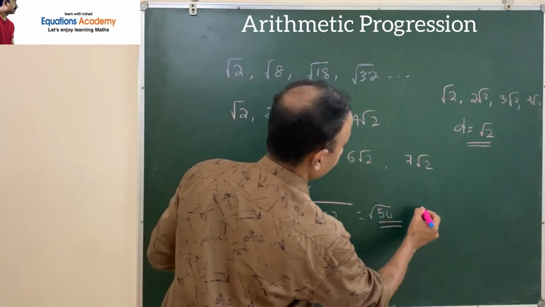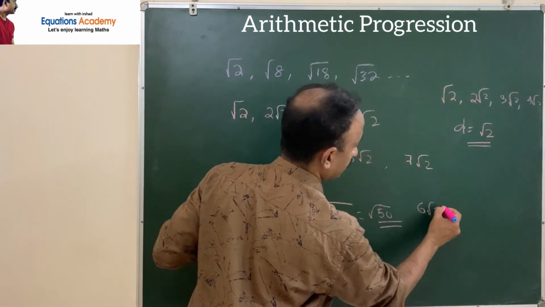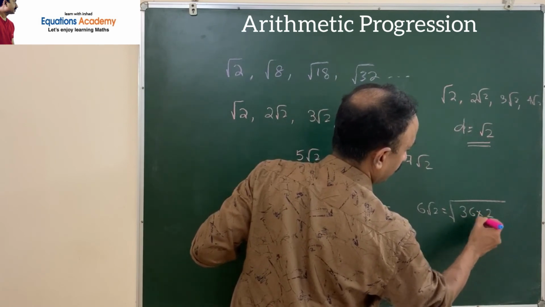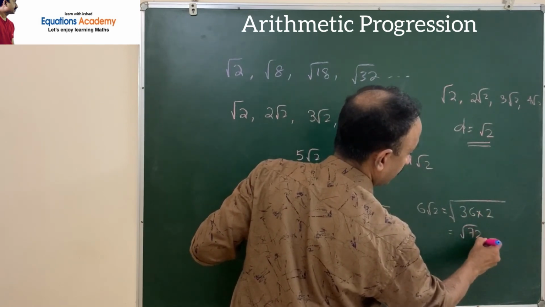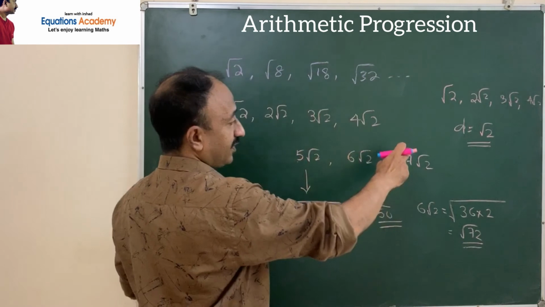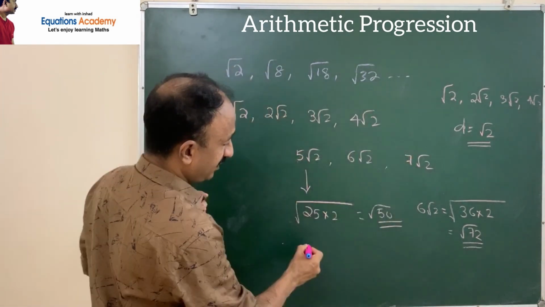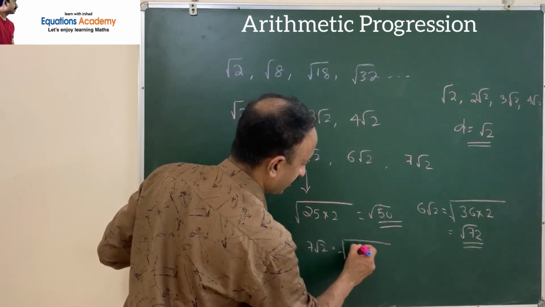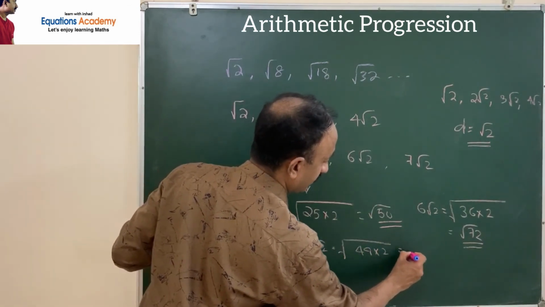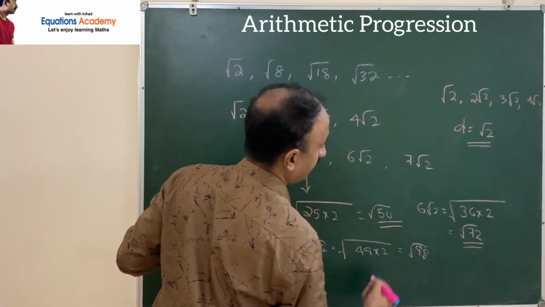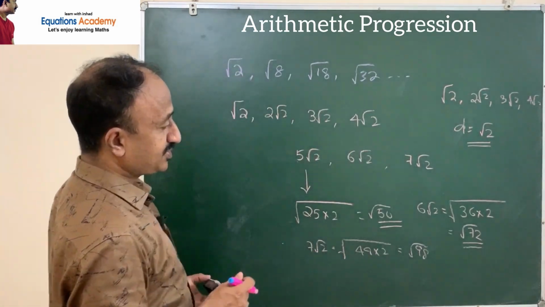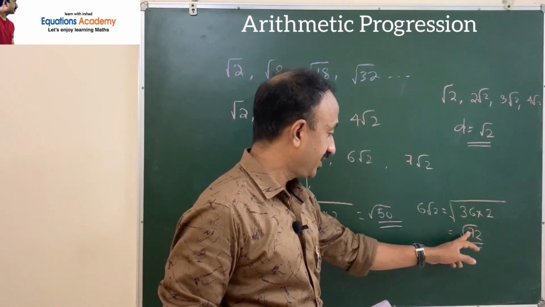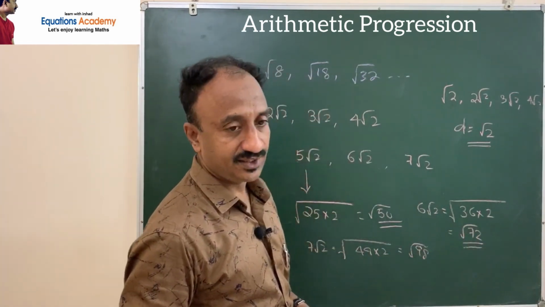Similarly, 6 root 2 is equal to root of 6 squared, 36 into 2, equal to root 72. Again 7 root 2 is equal to root of 49 into 2, equal to root 98. So our next 3 terms are root 50, root 72, root 98.